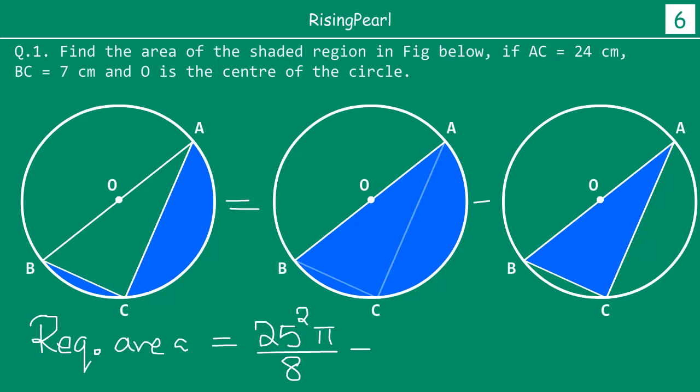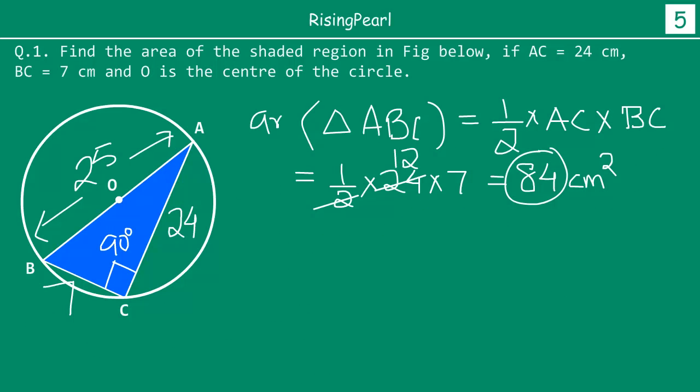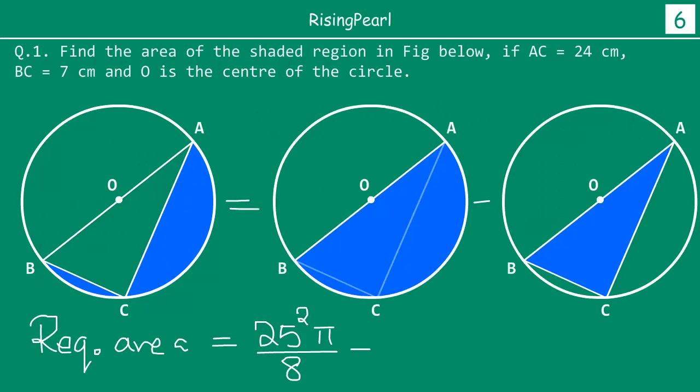This minus what was the value that we had seen over here, this was 84. So this times this minus 84. Whatever this value is, this centimeter square is the answer.